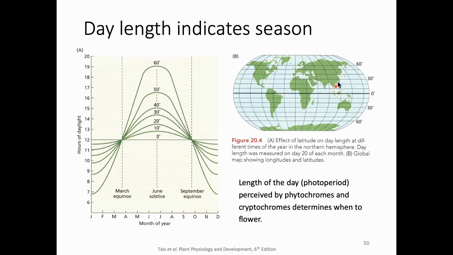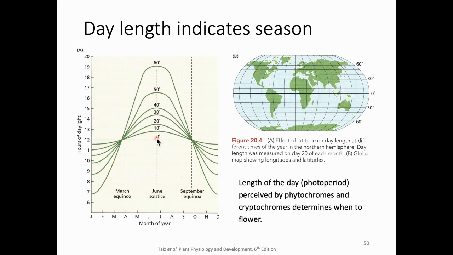And if you move up north or down south, your degree will increase. And how does that matter? Because in different seasons, from January, February, and so on into December, the duration of the daylight will change if you move upward or downward.